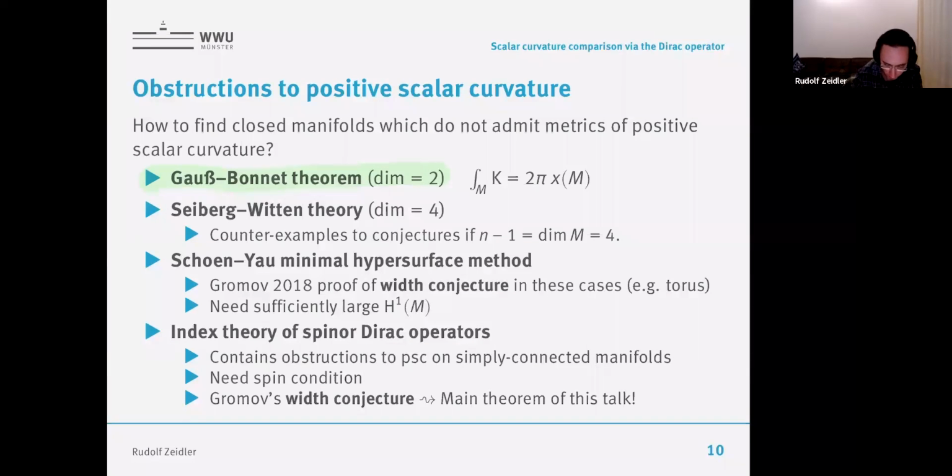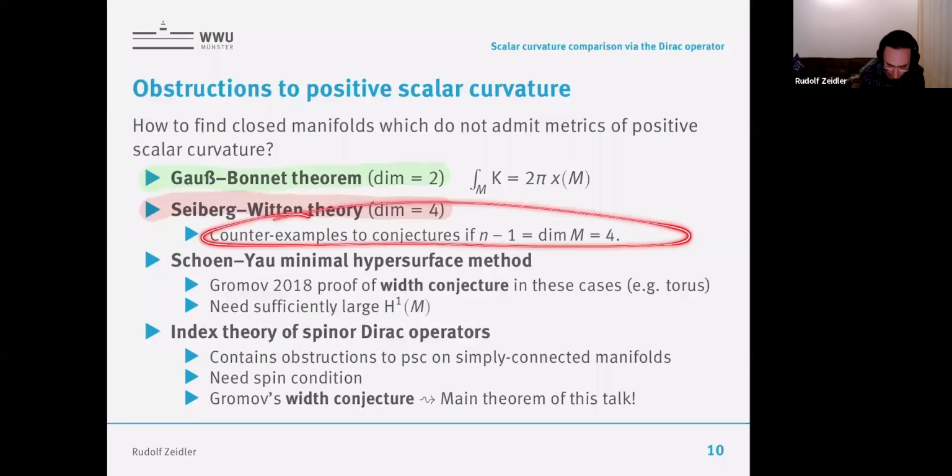Then there's something much more intricate, which only works in one particular dimension as well, and that's Seiberg-Witten theory in dimension 4. I will not say much about this, but I have to mention it because this is the reason that we have to exclude dimension 4 for M in all of these conjectures, because there are in fact counterexamples to them in dimension 4.